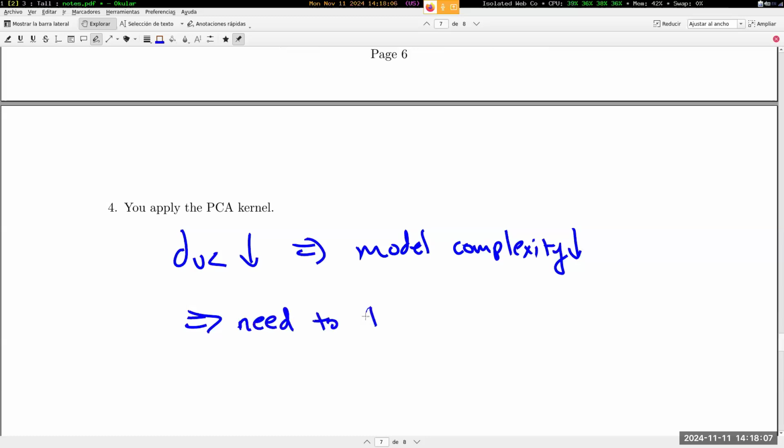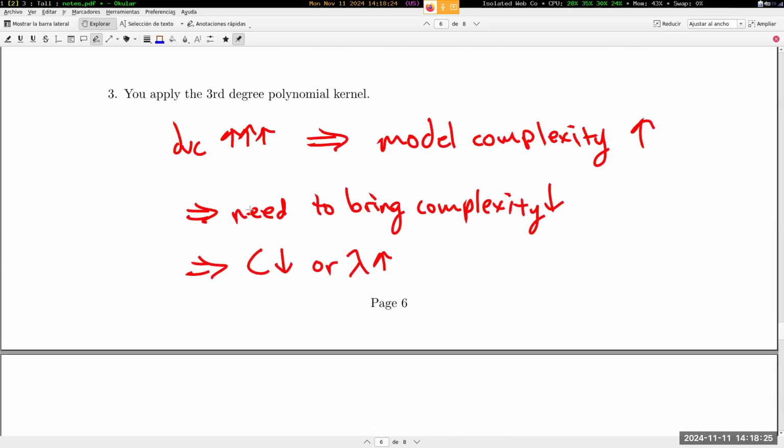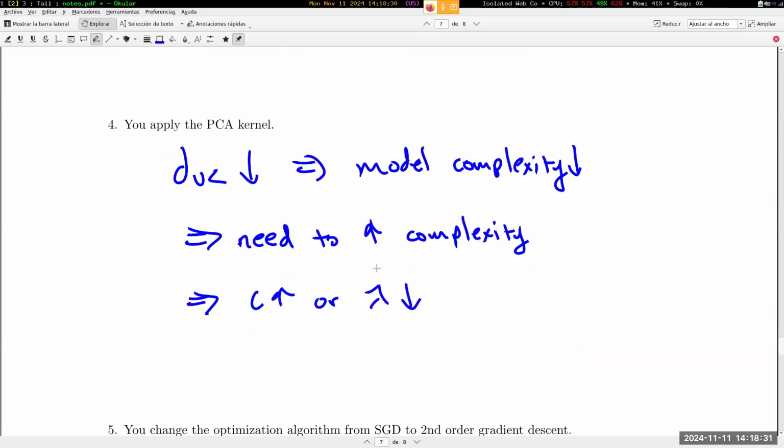And so that means we need to make our C value up or lambda down. It's the opposite directions that we had over here. DVC going up means that to counterbalance that effect, C down or lambda up. And DVC down needs to counterbalance with C going up or lambda going down.